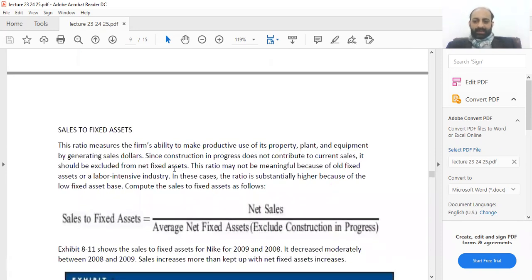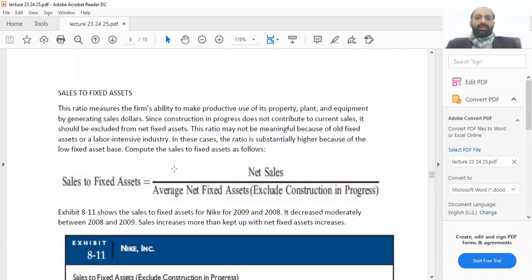Sales to fixed assets. This ratio measures the firm's ability to make productive use of its property, plant, and equipment (PPE) by generating sales dollars. Since construction in progress does not contribute to current sales, sales cannot increase because of any construction in progress that you have.